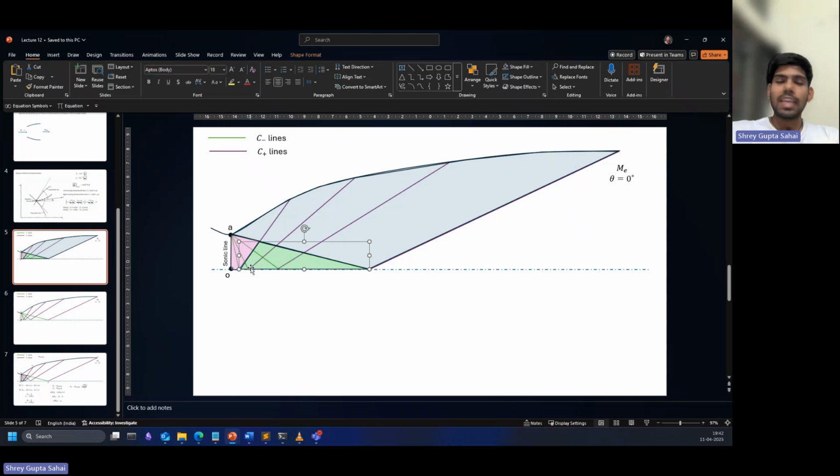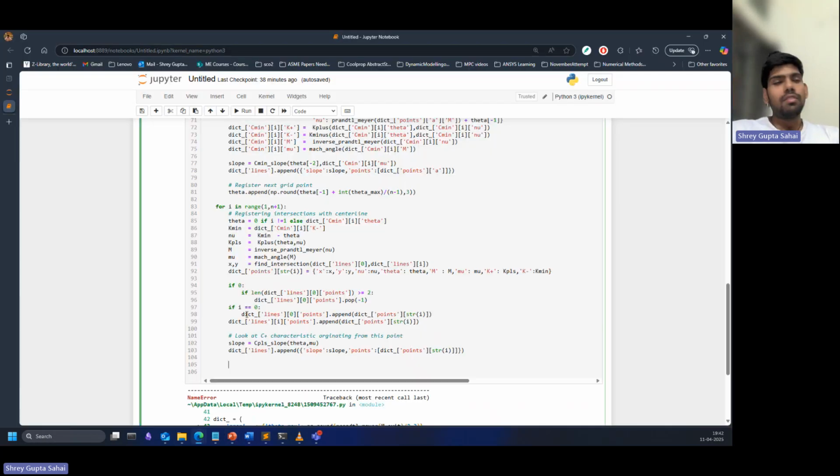Similarly, the second C plus line cannot intersect with the first C minus line. It intersects only with the rest of the C minus lines. So once you have stumbled upon the C plus line, you have to go from the next C minus. So to find the points of these intersections, you have to see the intersections of this line with the other next C minus lines.